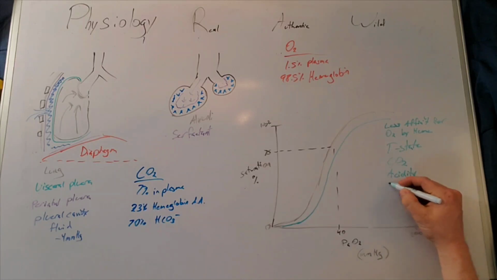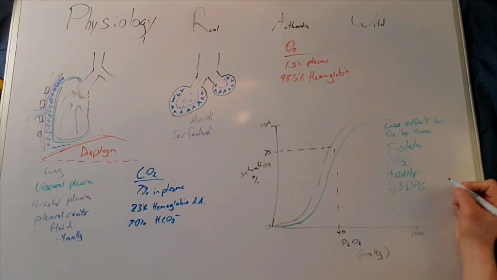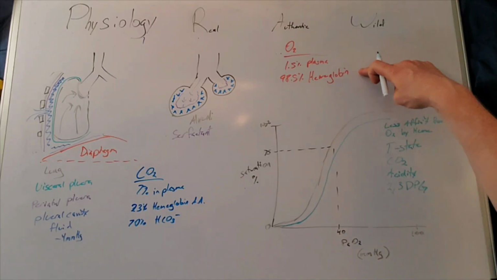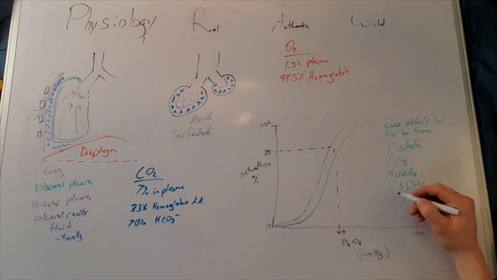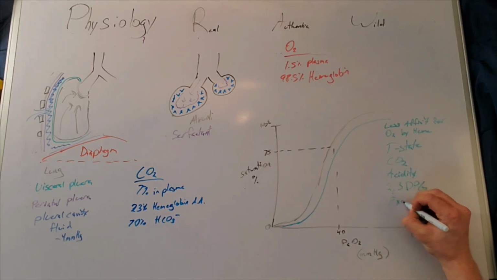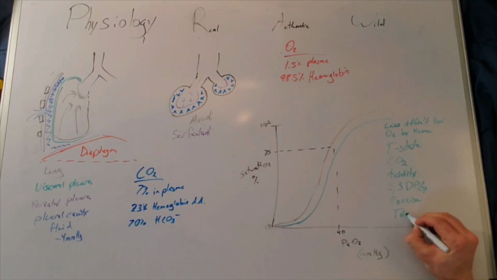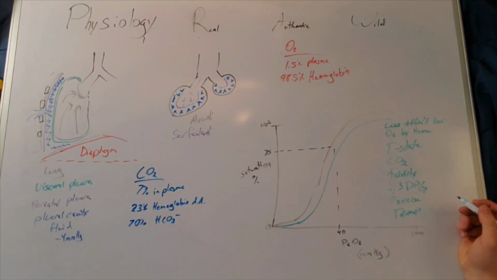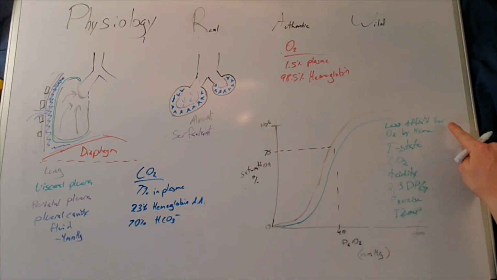The compound 2,3-DPG binds in the middle of that 4-heme complex I was talking about, and makes O2 dissociate. Exercise, and then temperature. So all these going up will make the affinity for O2 by the heme go down.